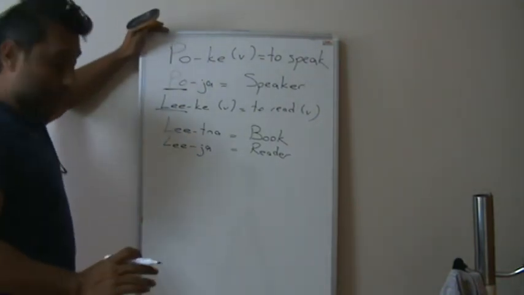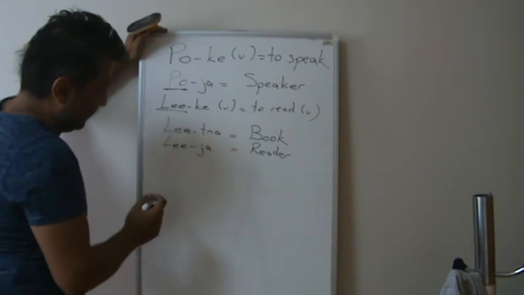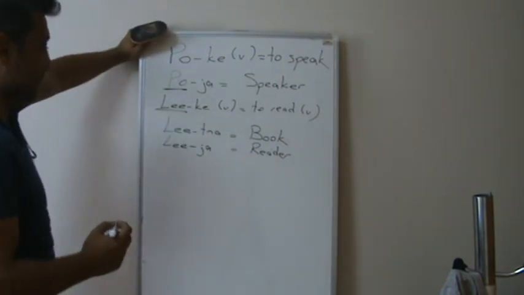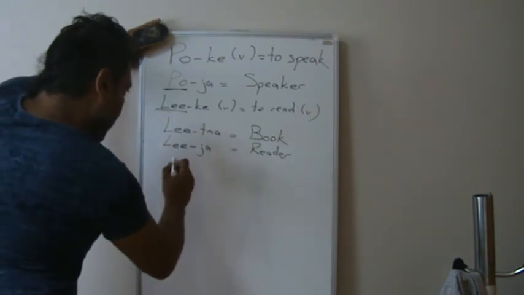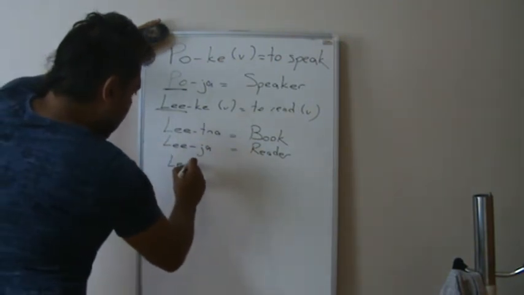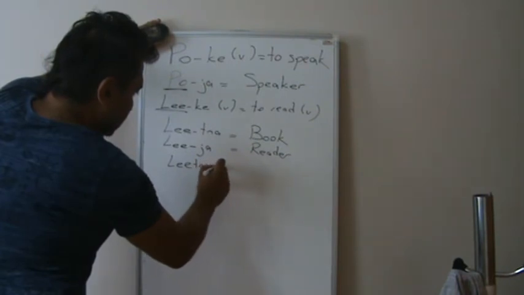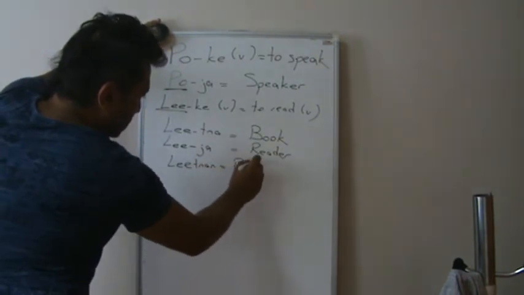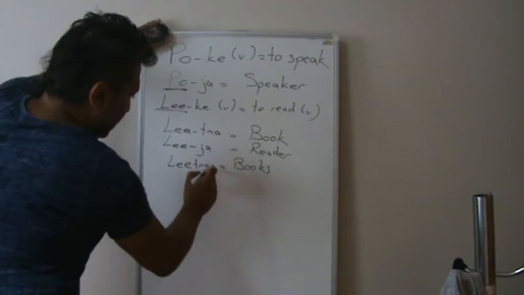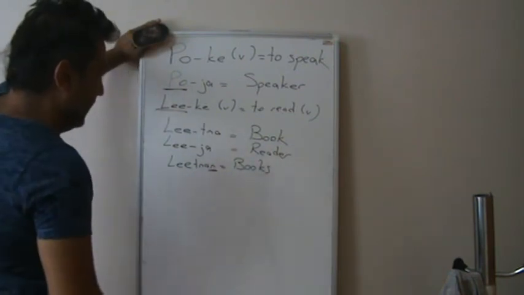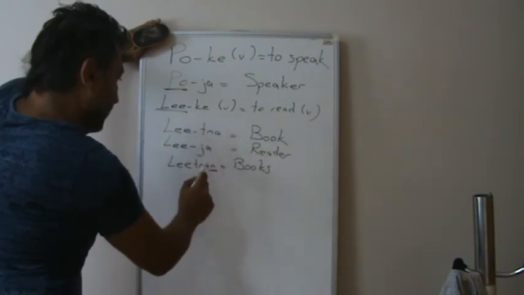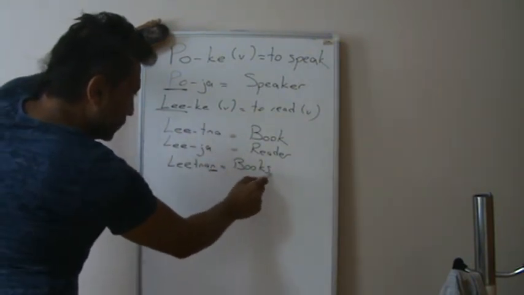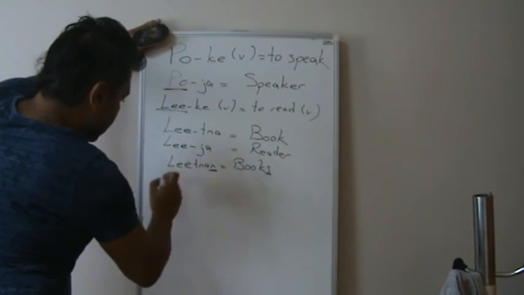It's perfect for learners, which makes the language unique. So, for example, le'etnan, books, because we add the suffix an at the end of book. Le'etna, le'etnan. Books.